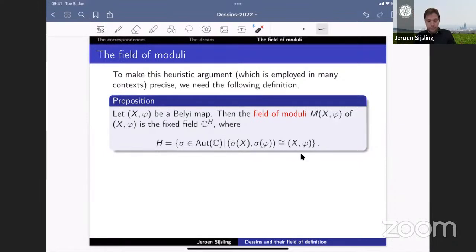You look at that group, and you look at its fixed field. That is the field of moduli. So, the fixed field of this subgroup.